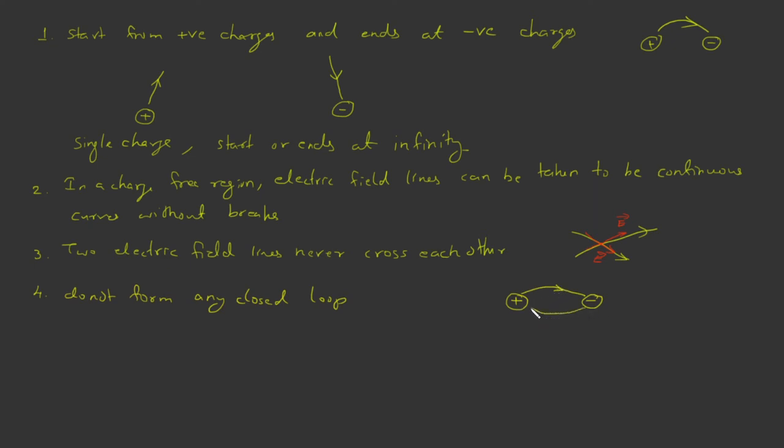It is not possible to start from negative and terminate at positive so that it completes a closed loop. So, electric field lines do not form any closed loop. It will start from positive and terminate at negative.